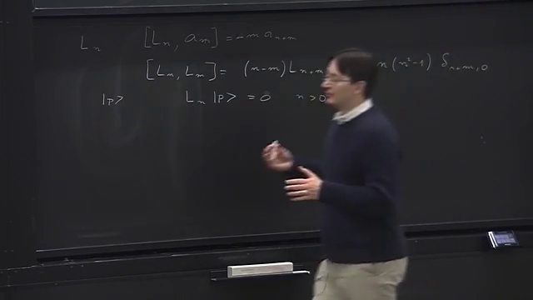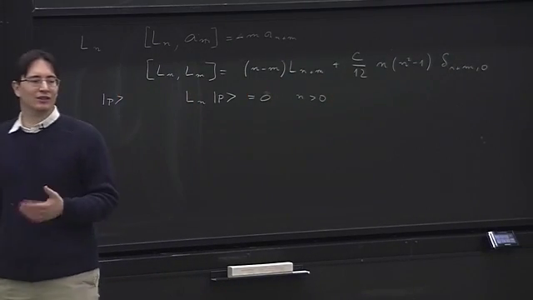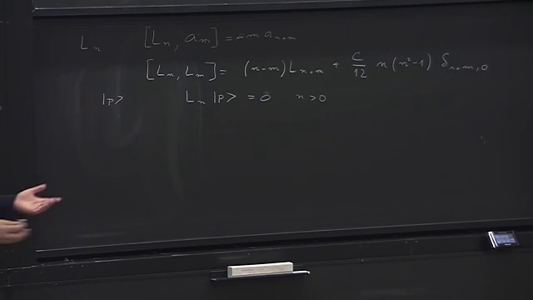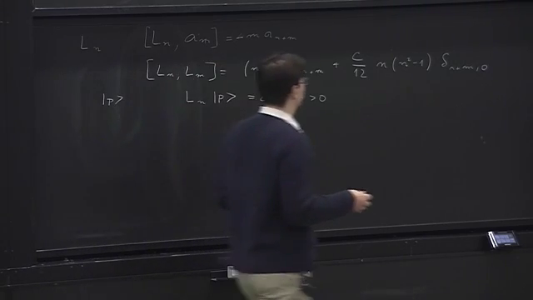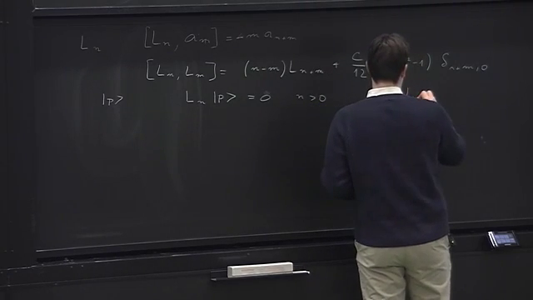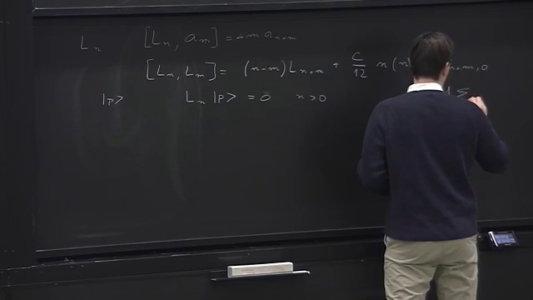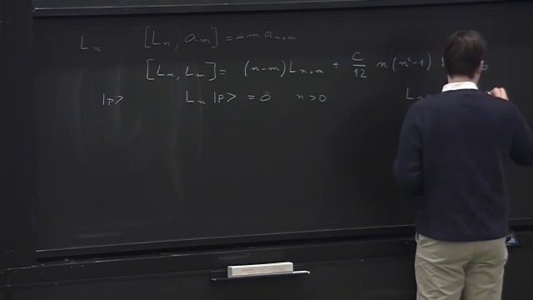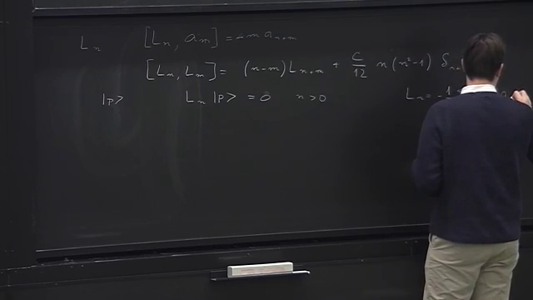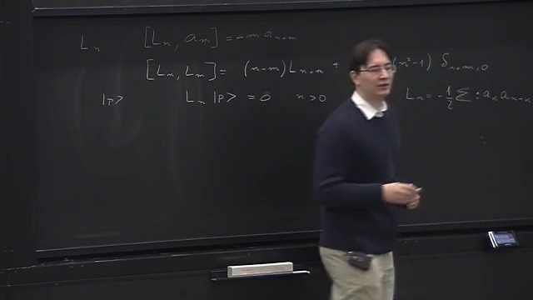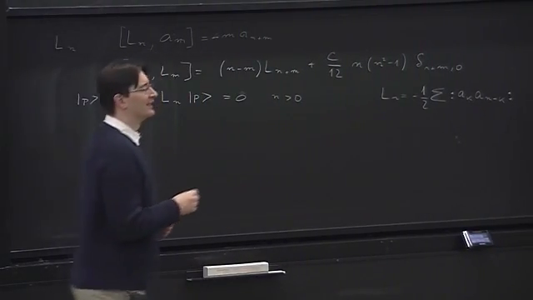Now you can ask what happens if I start building states using the L's instead of the A's. So the expression for L was, again, check me on the signs, but something like this. I hope I got the signs right.